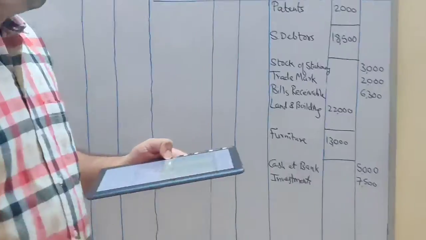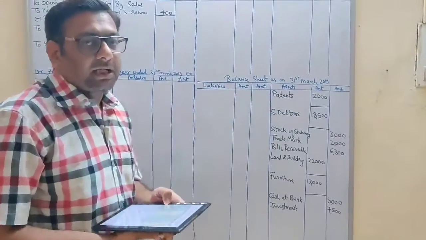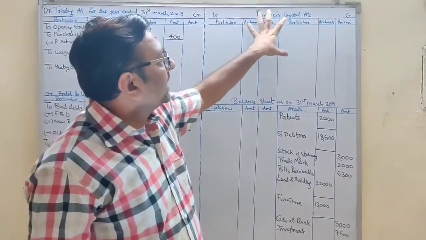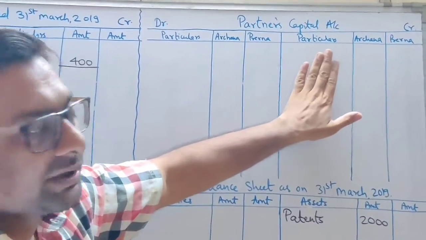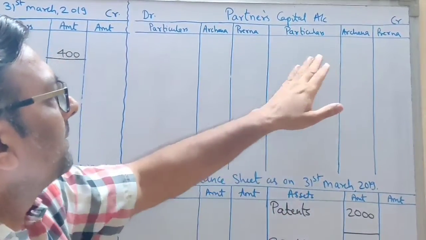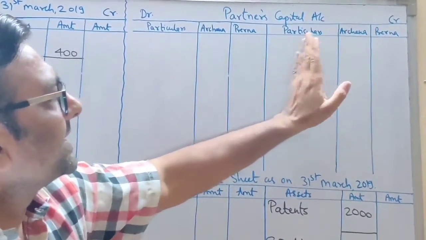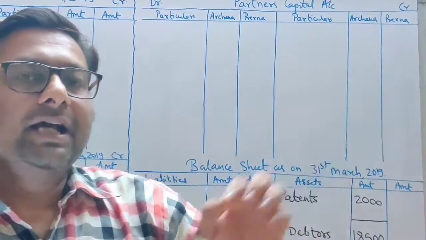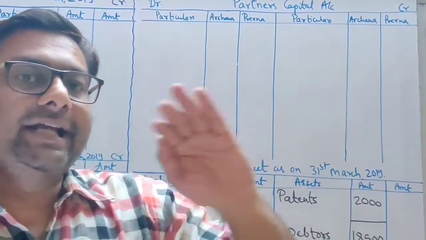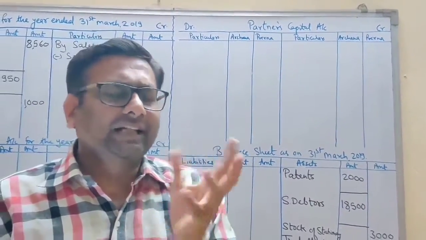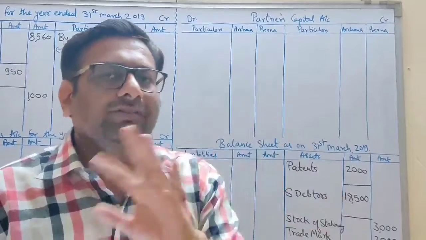Drawings. Now drawings you will write in the partners' capital account. This is a new account, students, for you. Remember, in the capital account you will record capital on the credit side. And I gave you a trick in my previous video on how to remember the capital credit side, C for C. Remember this way, CC, capital credit, and DD, drawing debit, so that you never get confused and never make silly mistakes of writing on the wrong side.